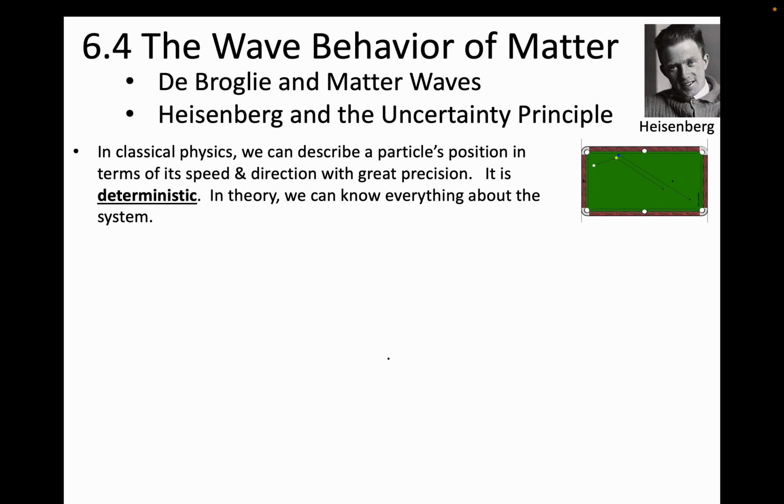Another implication of thinking about matter as having characteristics of a wave shows up with Heisenberg's uncertainty principle. Now, in classical physics, we could describe a particle in terms of variables like its speed, direction. Classical physics is entirely deterministic.